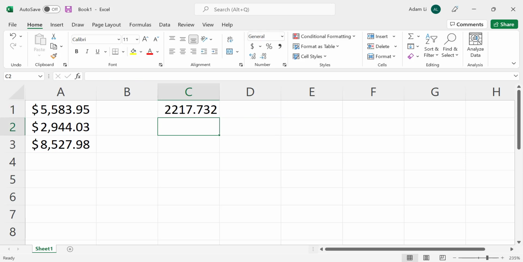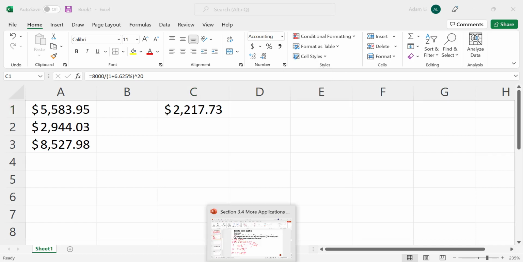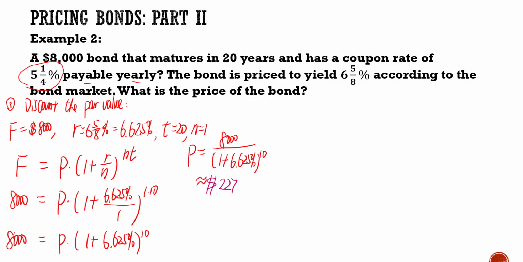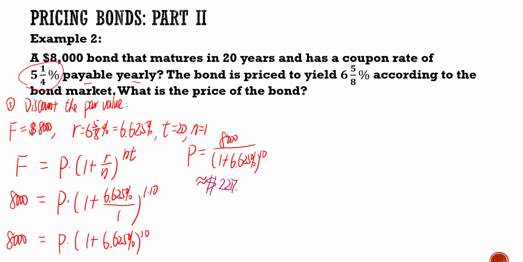So this turned out to be $2,217.73. And this is the bond price from the discount of the par value.